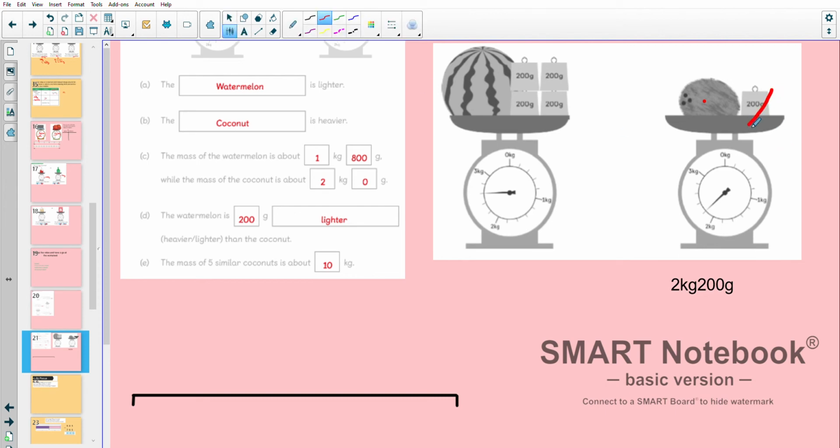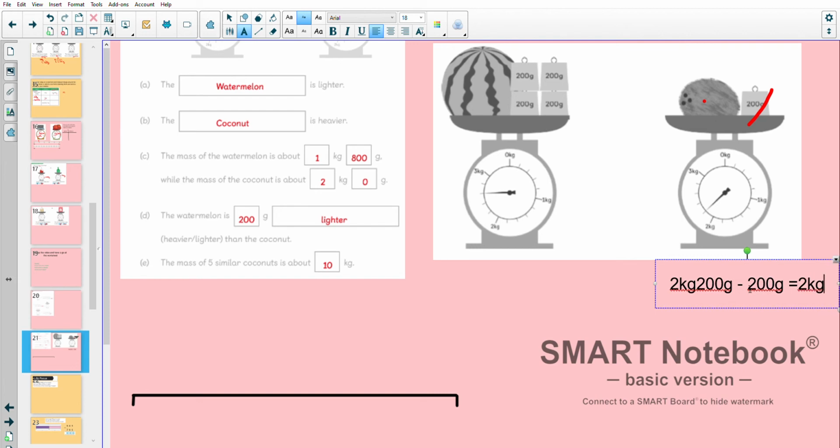I'm going to cross out this thing here, which is 200 grams. And as I cross it out, I also then need to take it away from the total amount. So I'm going to take away 200 grams. 2 kilograms, take away 200 grams is nice and simple. It is 2 kilograms. So I know that the coconut is about 2 kilograms.